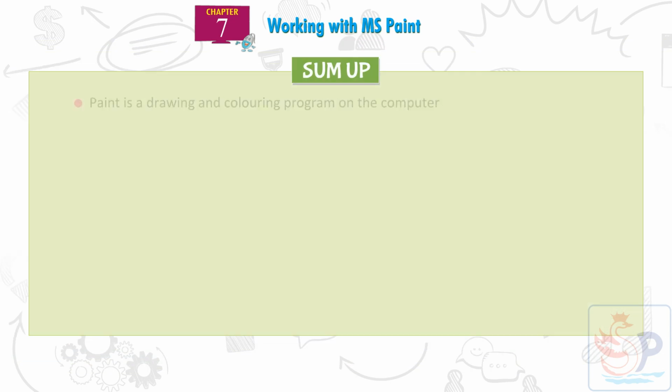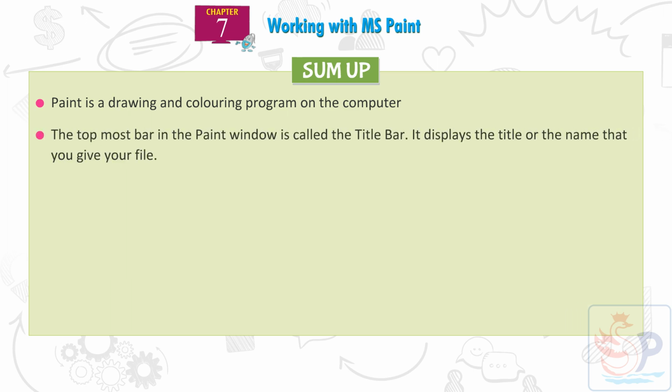Sum up. Paint is a drawing and coloring program on the computer. The topmost bar in the Paint window is called the title bar. It displays the title or the name that you give your file. A ribbon holds a set of commands which is arranged in groups.